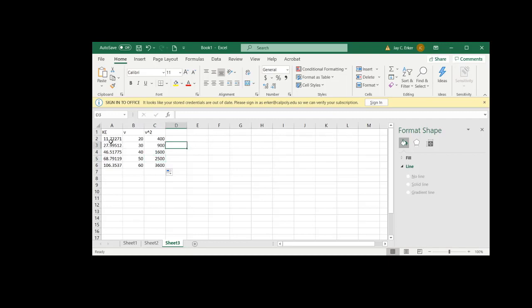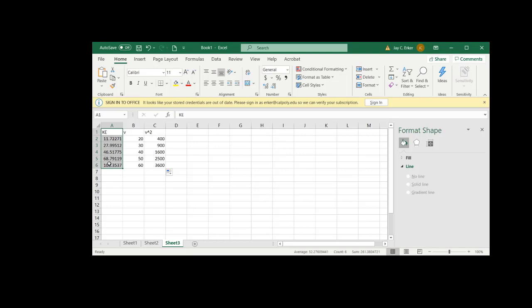We then make a plot, and I have to think about the equation. I didn't write down the equation before I switched to Excel. So we're going to want y equals mx plus b, and we're going to want that to be related to kinetic energy equals 1/2 mv squared.